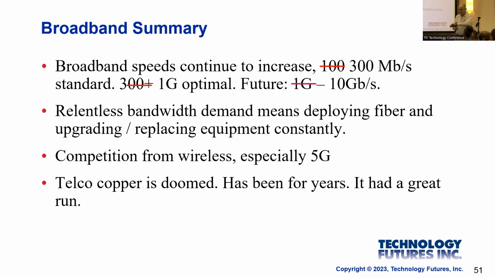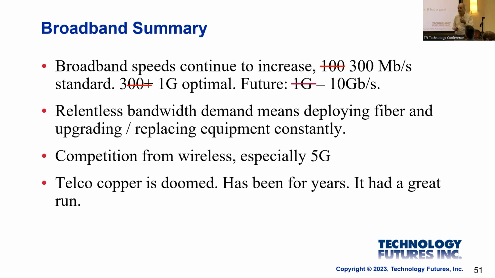So the broadband summary is that we'll continue to expect speeds to increase. Now 1G is the optimal speed. 10G is what's in the future. Demand will continue to require the deployment of more fiber, upgrading of equipment, replacing equipment on a constant basis, like we've been doing for the last 3 decades in broadband.